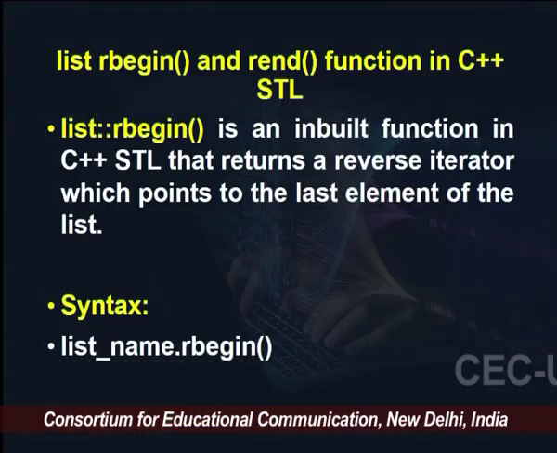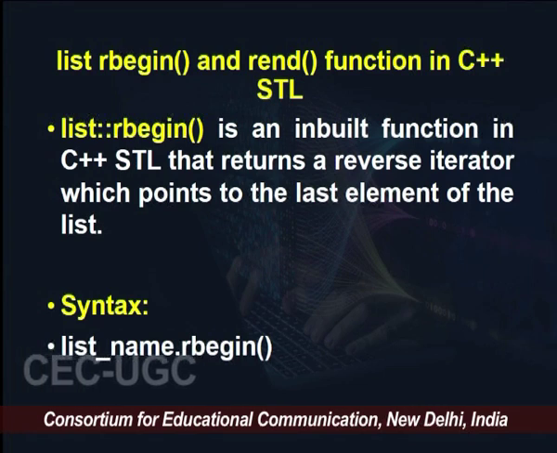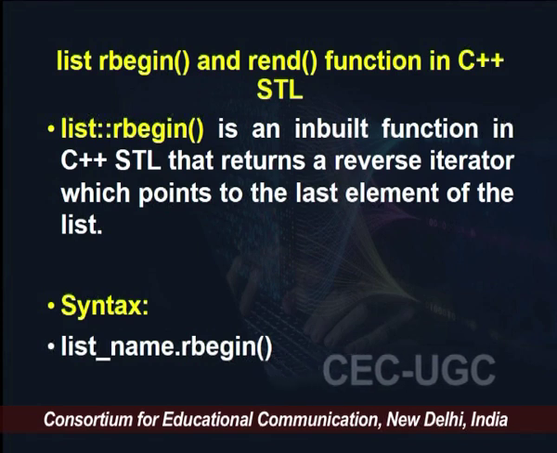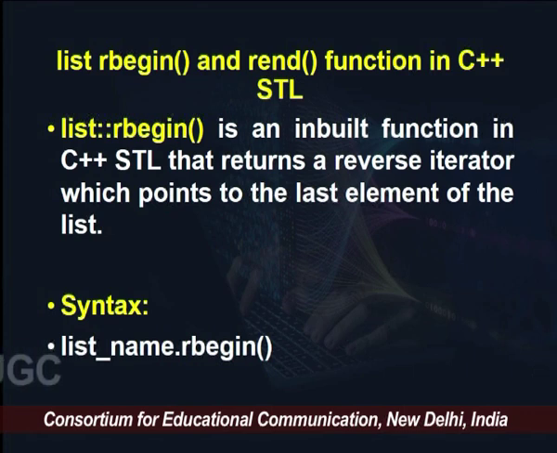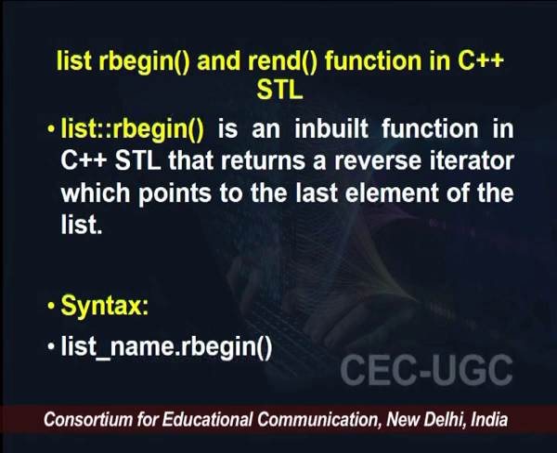How are we going to use this rbegin? It is just list_name.rbegin. That means rbegin is a function of the list class whose object we have created with the name list_name.